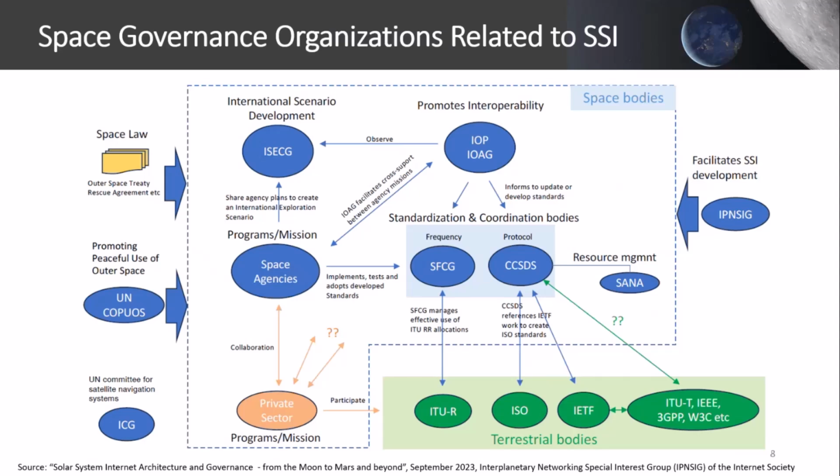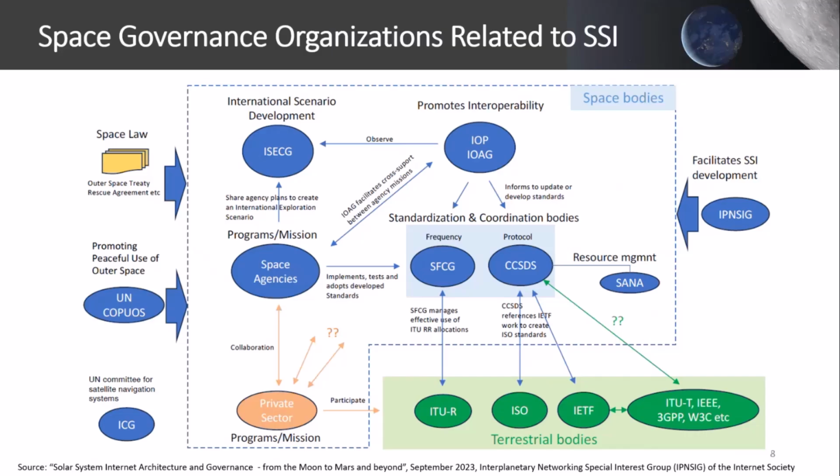In the middle, we see a big box around various space bodies that start with the space agencies on the middle left. The space agencies work on their own missions, but they also work with each other on bilateral, multilateral space missions. And that leads to a need for international bodies that help coordinate the efforts between the agencies, such as up on the top, the IPNSIG for space exploration, developing human exploration campaigns, the IOAG that does it for communications and navigation capabilities.